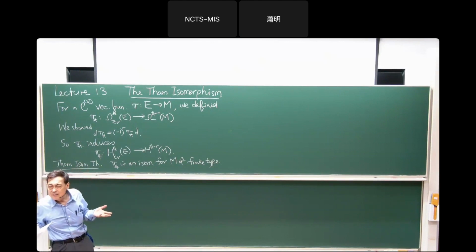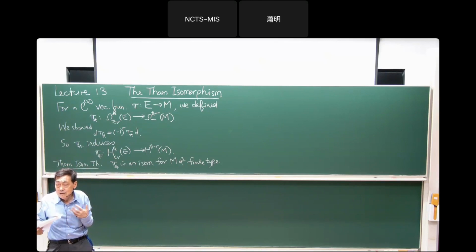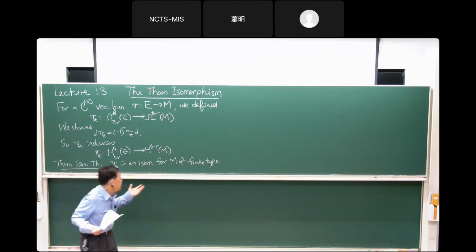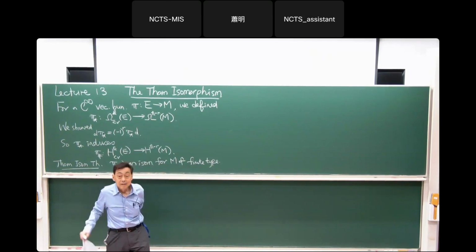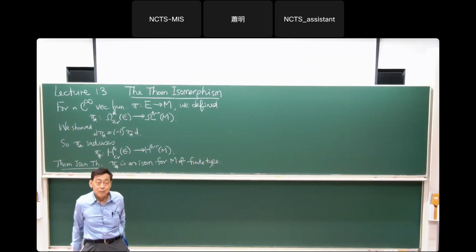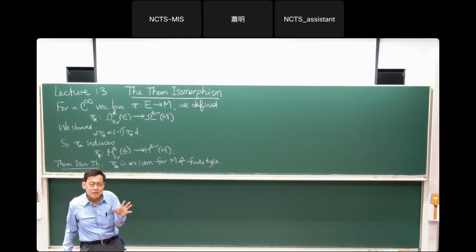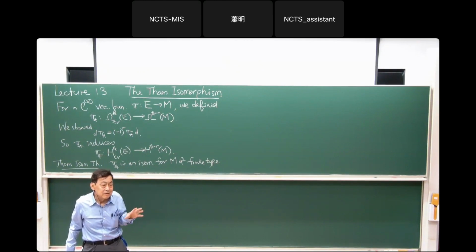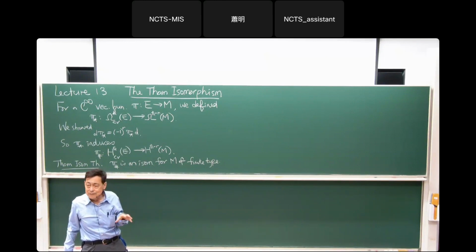But again, you can ask, is that really necessary? You need that hypothesis for the proof, but is there a different proof that maybe doesn't require this hypothesis? Now, for the other theorems, like the Künneth formula and maybe some other theorem, we had counterexamples when M is not of finite type.